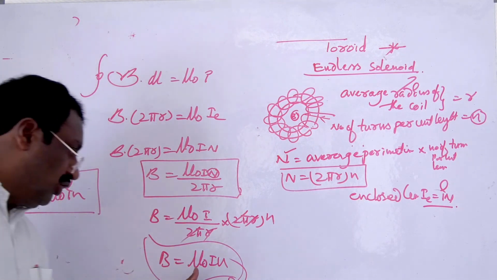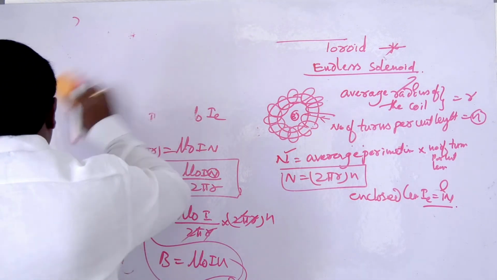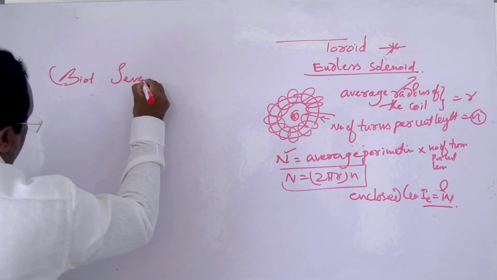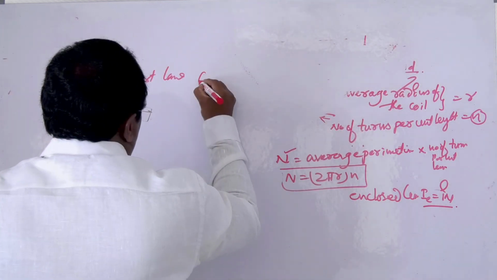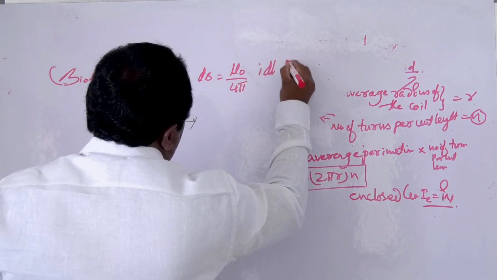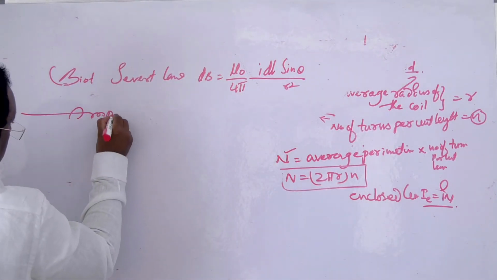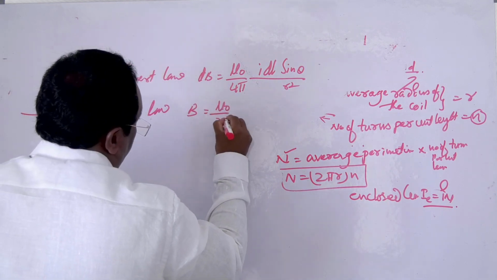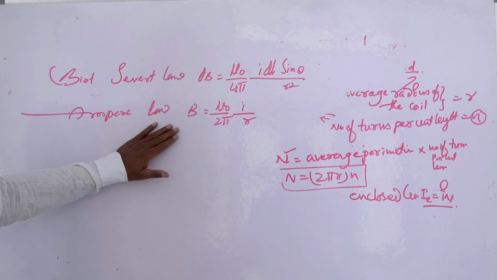So the magnetic field in a toroid is mu naught I n. Now, so far: the purpose of the Biot-Savart law is what? dB is equal to mu naught by 4 pi, I dl sin theta by r square. Ampere's law, mu naught by 2 pi I by r, to find the magnetic field due to a straight infinite current carrying conductor.